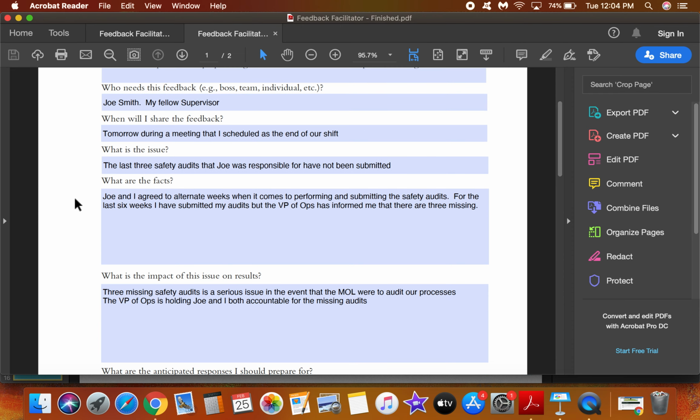The issue is the last 3 safety audits that Joe was responsible for have not been submitted. The facts are that Joe and I agreed to alternate weeks when it comes to performing and submitting these safety audits. Those are the facts. This is how we said we were going to do our job. For the last 6 weeks, I have submitted my audits, but the VP of Ops has informed me that there are 3 missing, which means Joe is not pulling his weight.